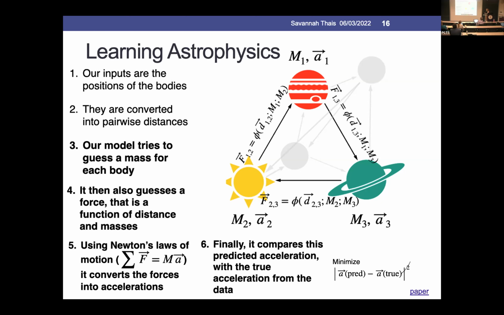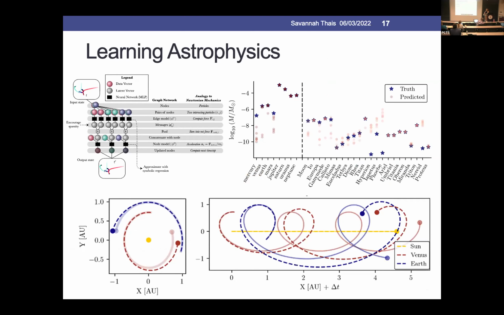So you're already enforcing physics constraints into the construction of your network, which is really nice. And their GNN works pretty well for both the mass prediction and the trajectory prediction using this predicted acceleration to do time step propagation.